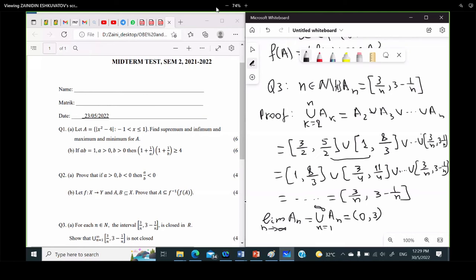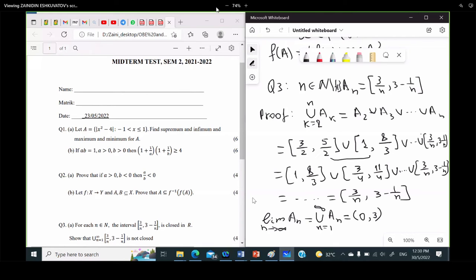And 3 is also not included. It can be reached only when n tends to infinity. It can be reached, right? So this is the open interval, 0 to 3.